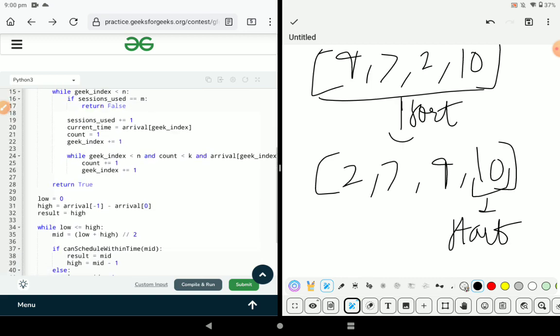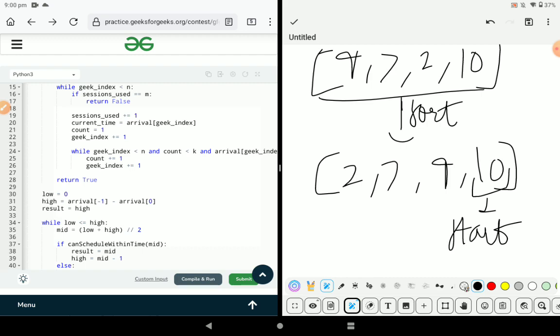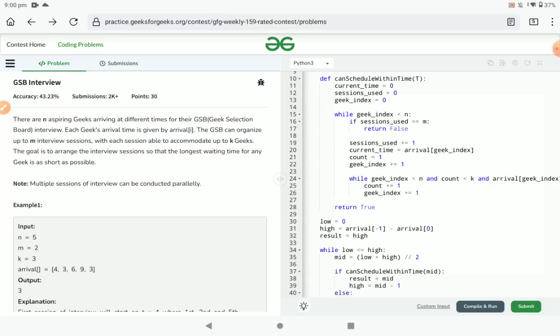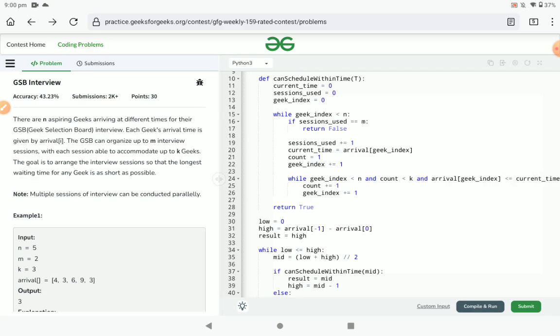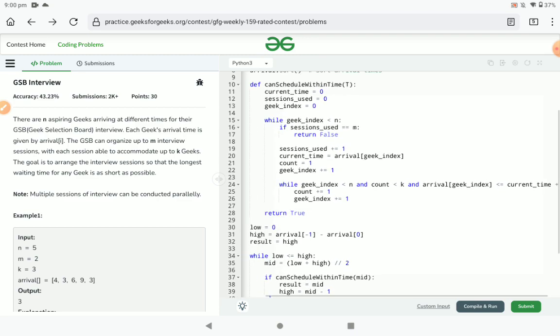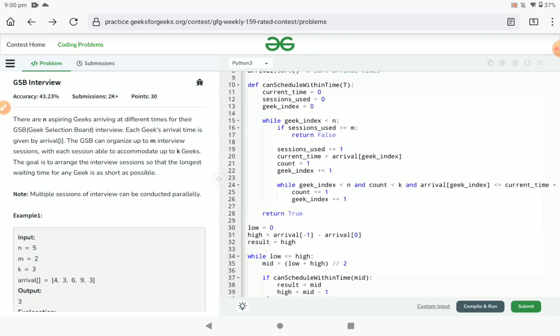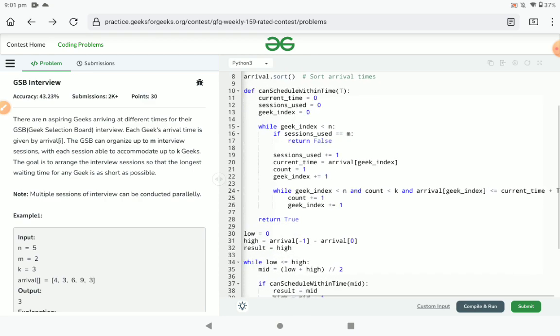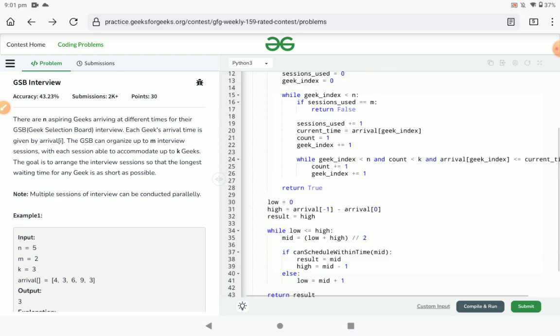So we will again run a while loop: while geek index is less than n and count is less than k, and arrival of geek index is less than or equal to current time plus t, the counter will increase by 1, and we will return true.